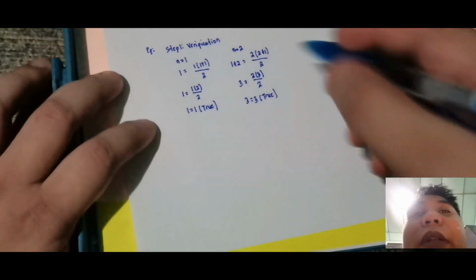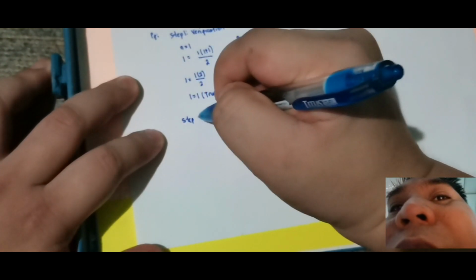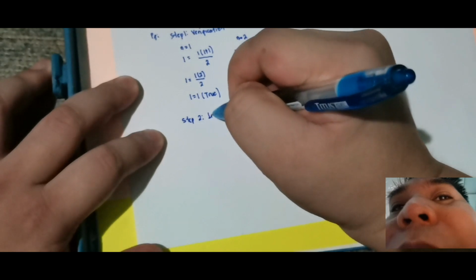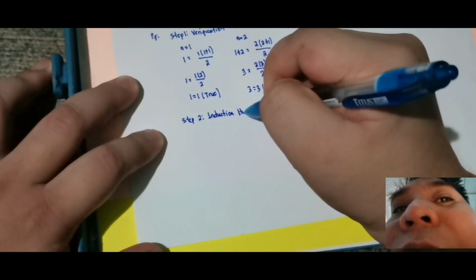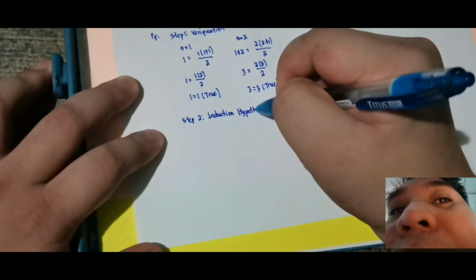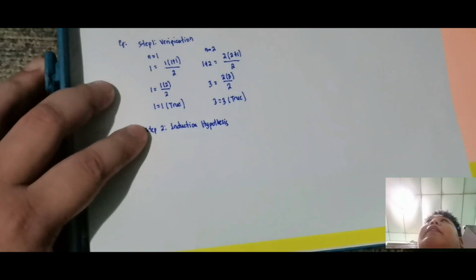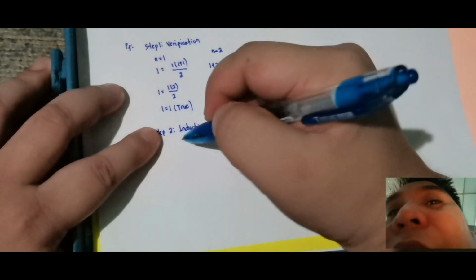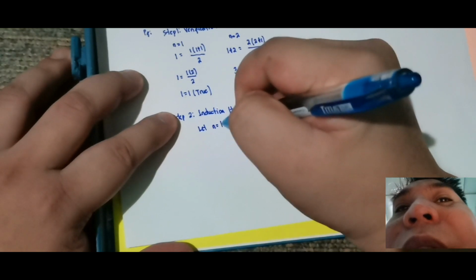Okay, so next is induction hypothesis. So step 2 is the induction hypothesis. So ano gagawin sa induction hypothesis? Ililet ko na n is equal to k. Okay, so that is let natin na si n is equal to k.